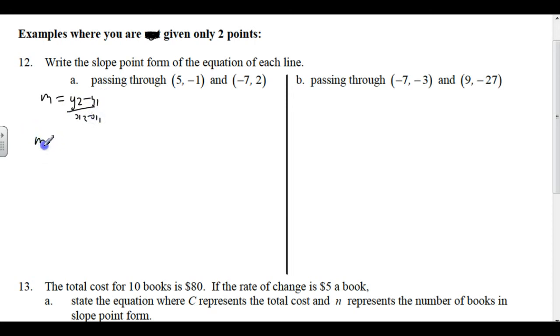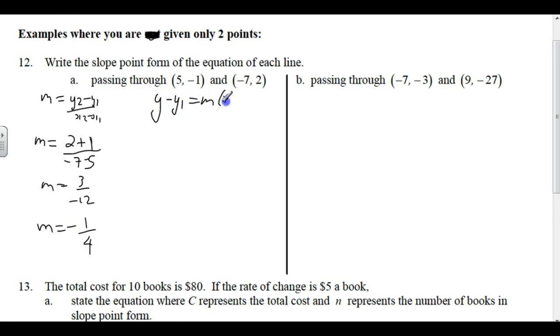So the first thing we need to do is calculate the slope. So we're going to go with 2 plus 1, right? 2 minus negative 1. I'm getting old and lazy, and negative 7 minus 5. So that's 3 over negative 12, or negative 1/4. So now, the formula, y minus y1 is m times (x minus x1).